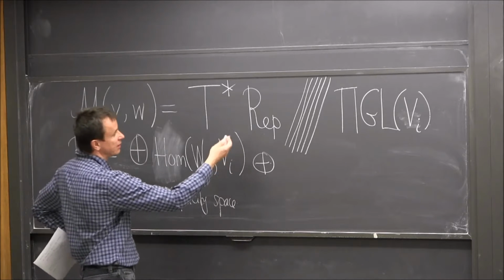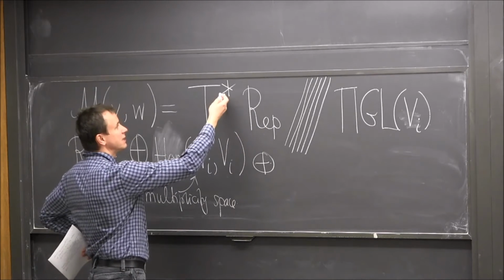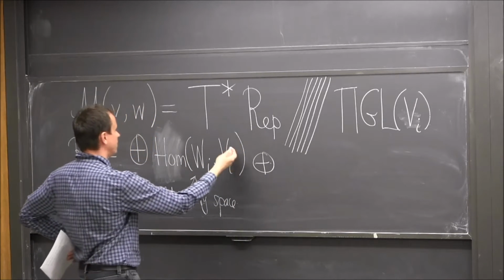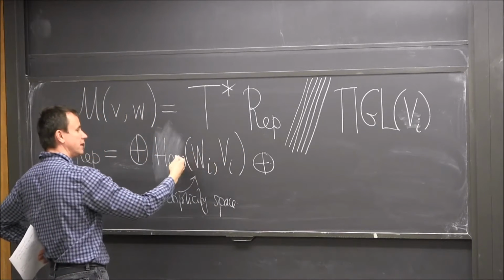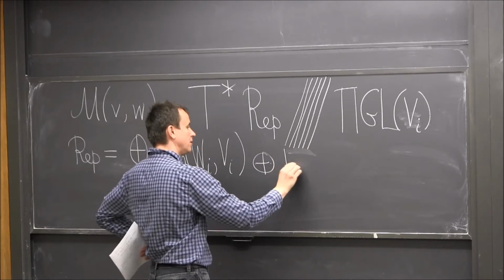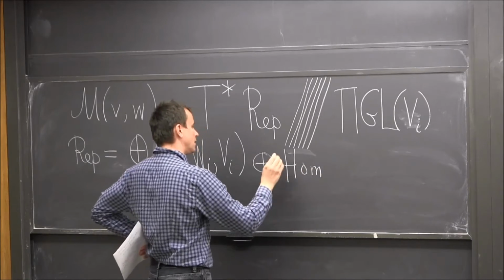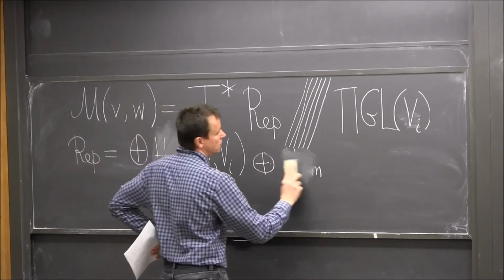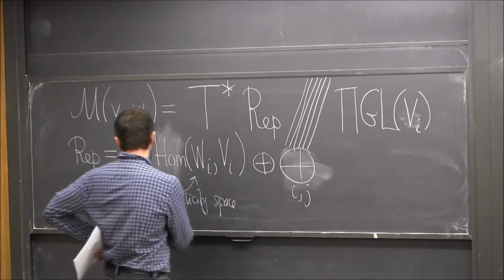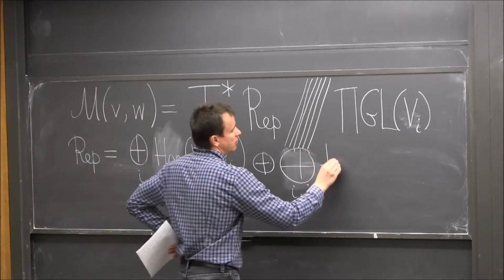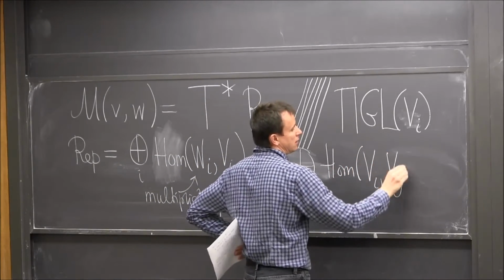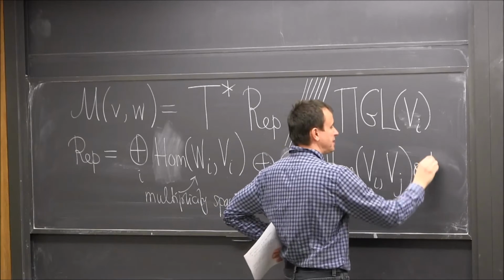You could also have taken the dual of the defining representation, but since we're taking T star here anyway, you get the dual space, with the homs going the other way. And then some number of homs from V_i to V_j, and this is the multiplicity I write outside.